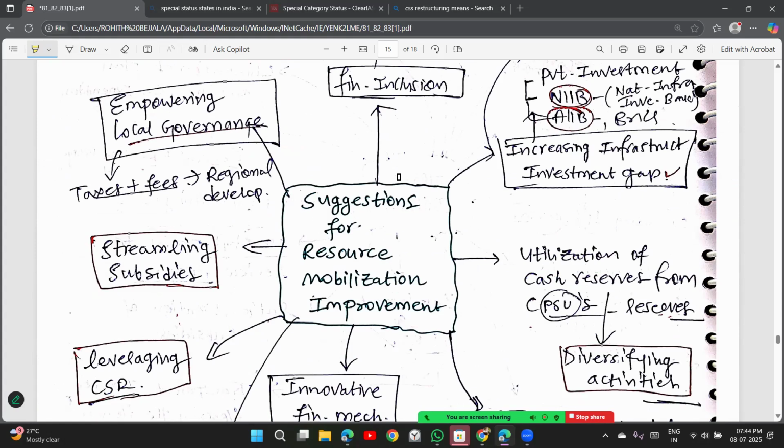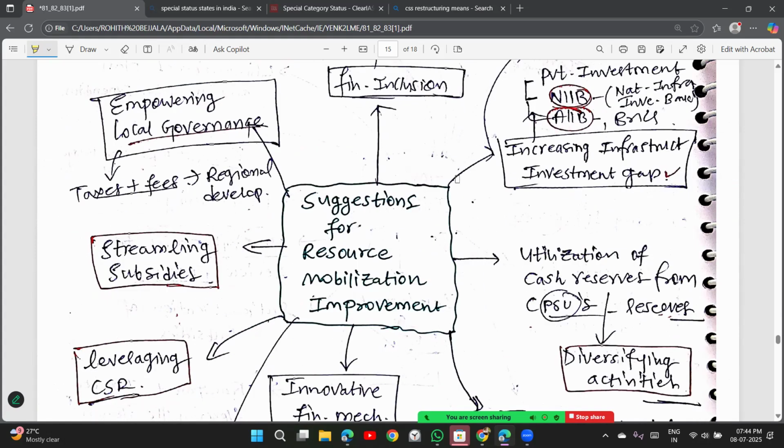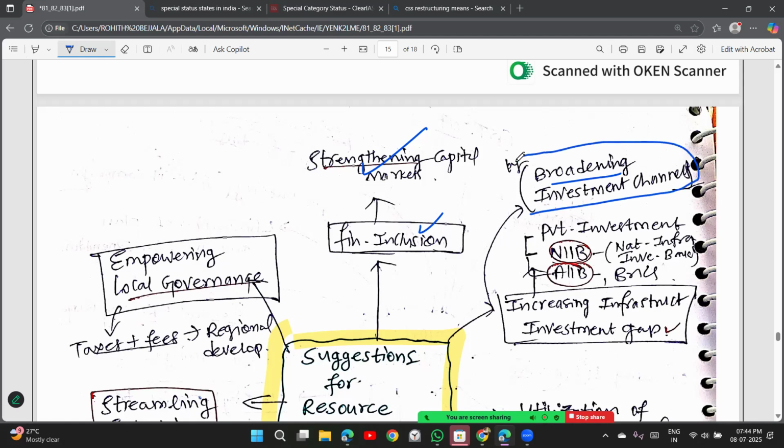So how can we do it better? Suggestions for financial resource mobilization improvement. What we can do, firstly, is financial inclusion by giving loans to the people, encouraging MSMEs, etc., so that we can also strengthen the capital markets and broaden investment channels, meaning private investments.